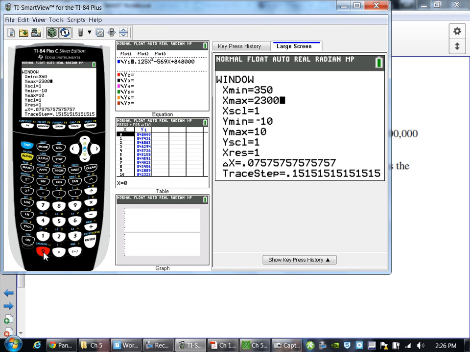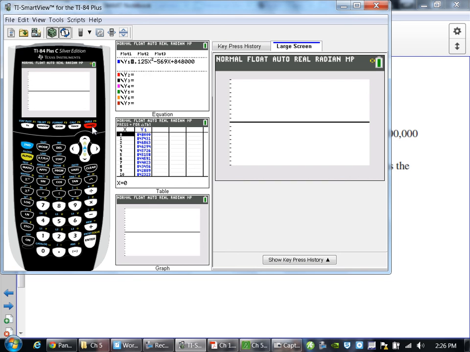Okay. Now, also, if you hit graph again, you're still probably not seeing anything. Think about what the y-intercept was to start with. It was 800,000, wasn't it? So maybe I'm going to change my y maximum to be about 800,000, just to see what's happening.